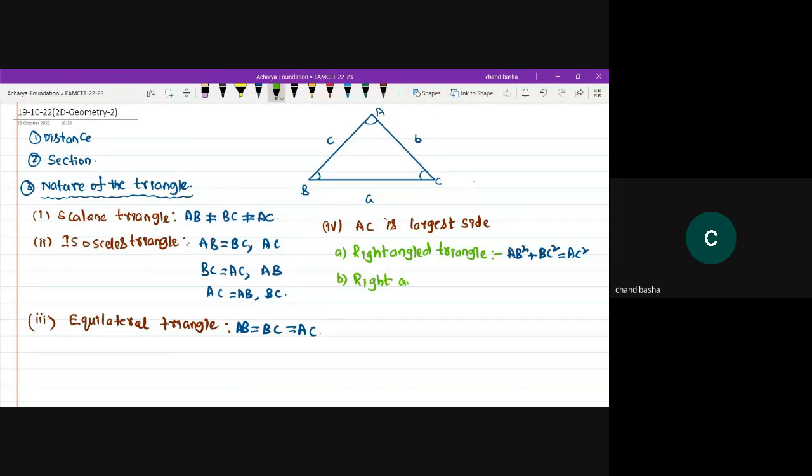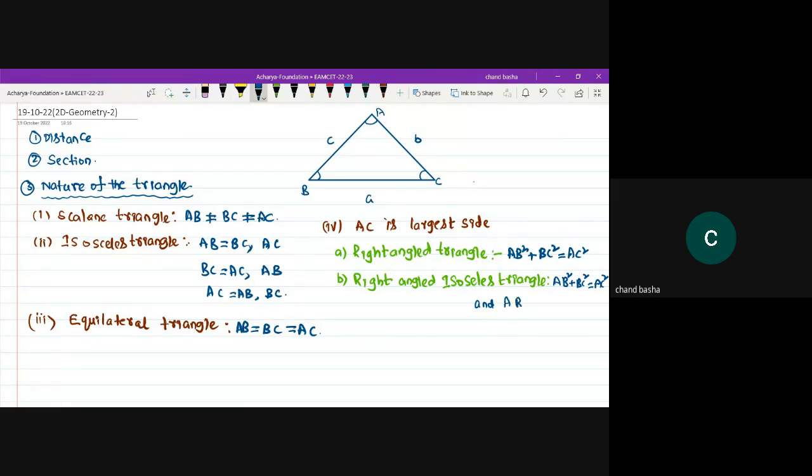Here any two sides are the same, and we can also satisfy the right angle property, that is AB square plus BC square is equal to AC square, and any two sides are equal. We can take AB equal to BC.